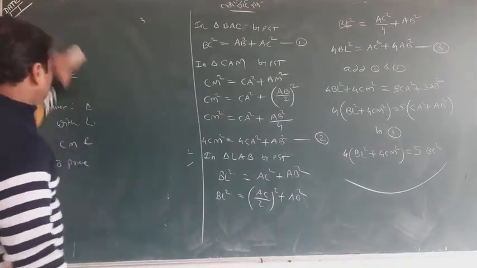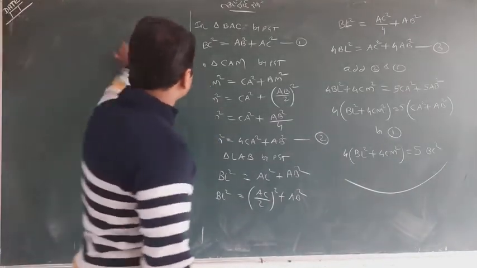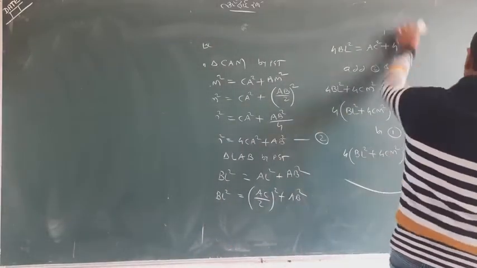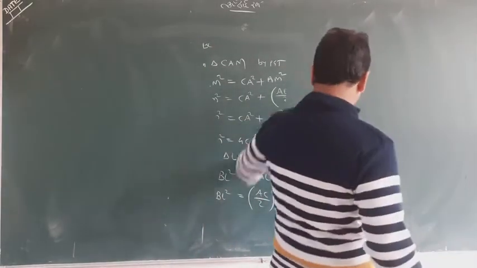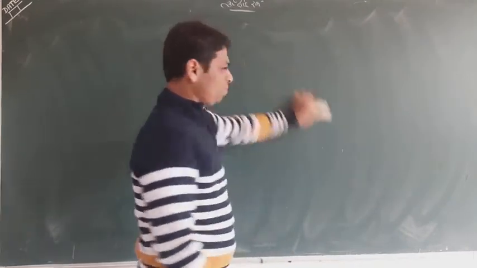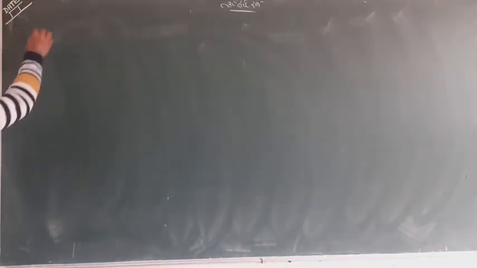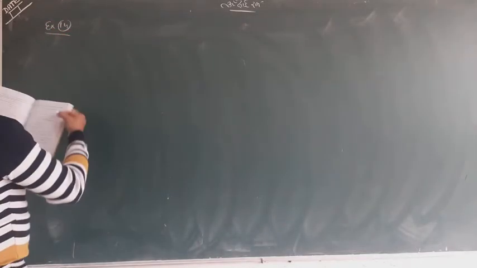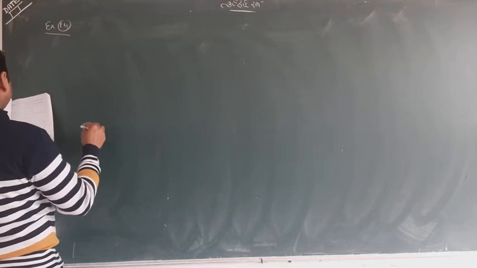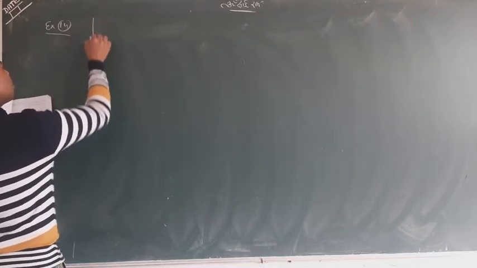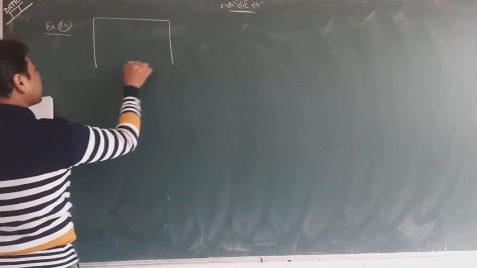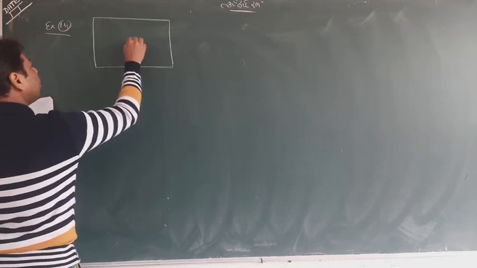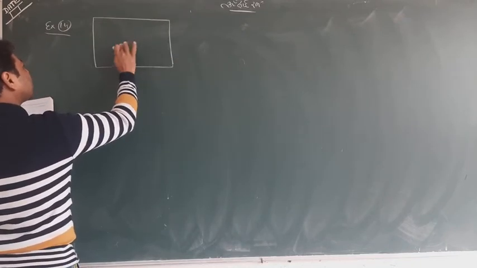Okay. Now I will go on to the other example. Example number 14 I wish to tell you. Look at it. O is any point inside a rectangle ABCD. Please try to focus. This is a rectangle, and O is any point inside the rectangle.